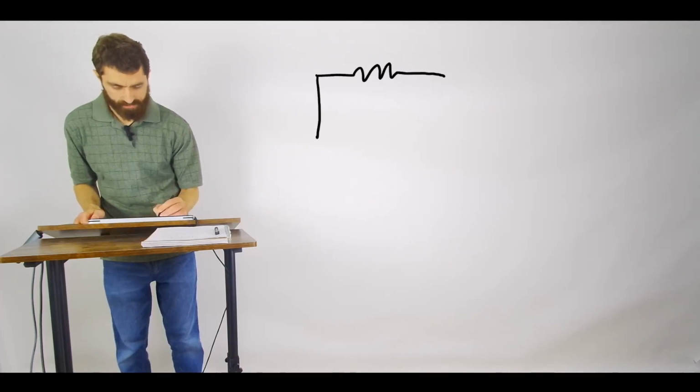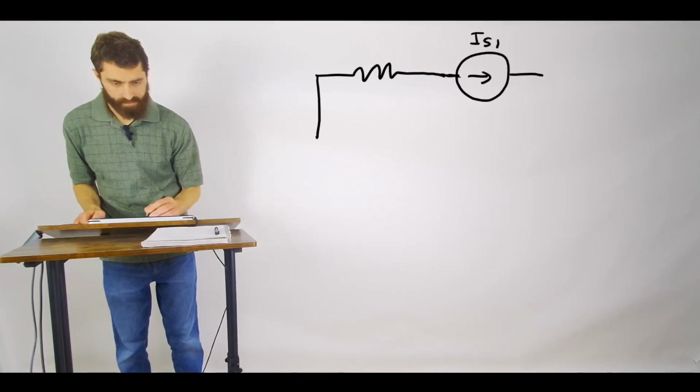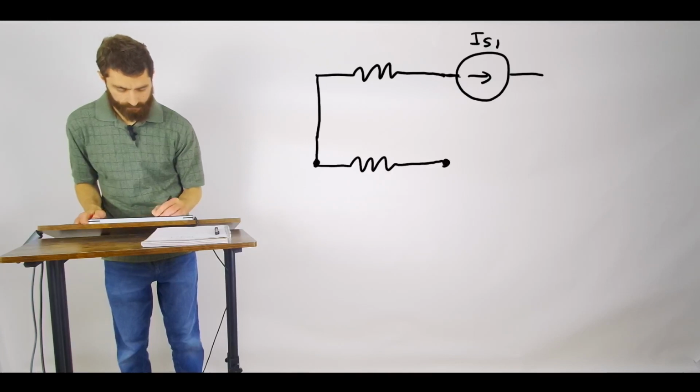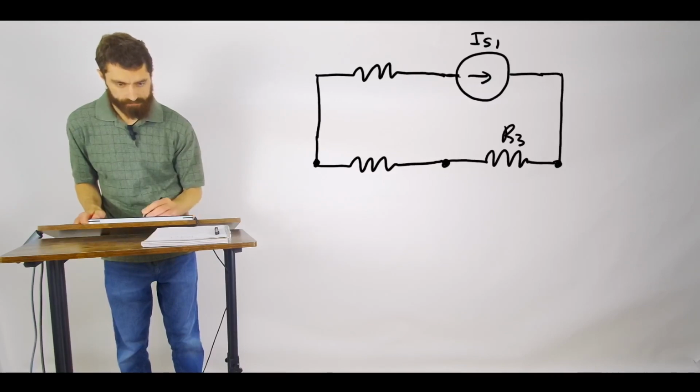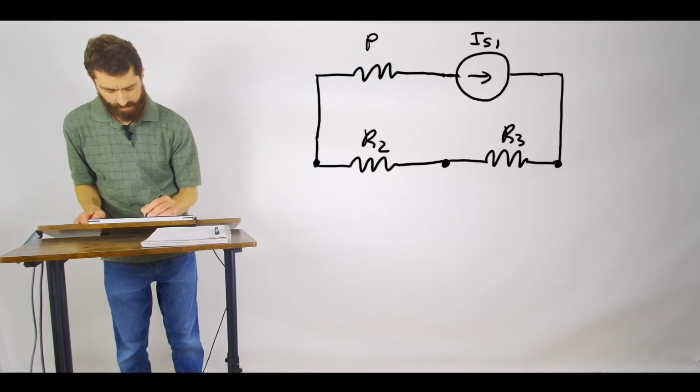So it's very similar, the exact same circuit, but with voltage sources replaced by current sources. Call this IS1. So R3, R2, R1.